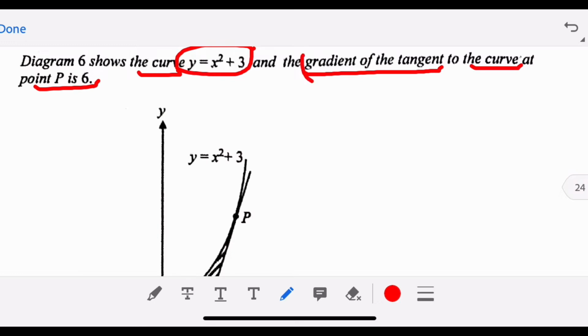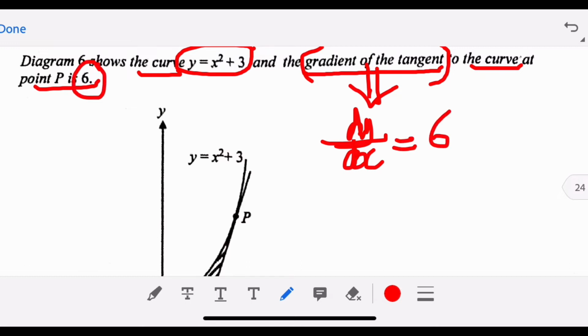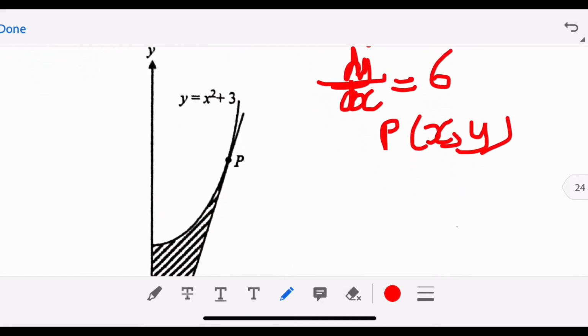From the phrase gradient of tangent, we convert to the symbol dy/dx, which is equivalent to 6 at point P. The point P was not given, so later we will have to find point P.